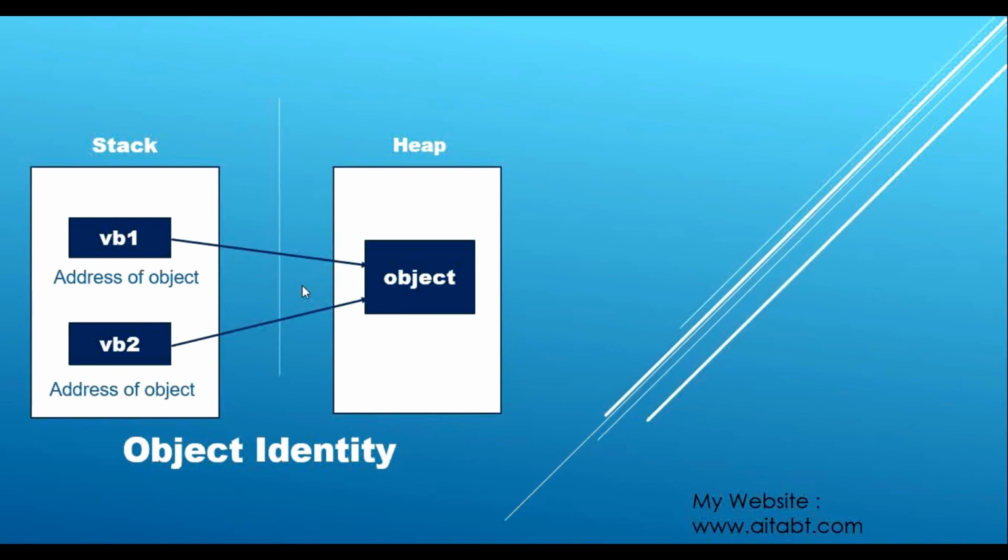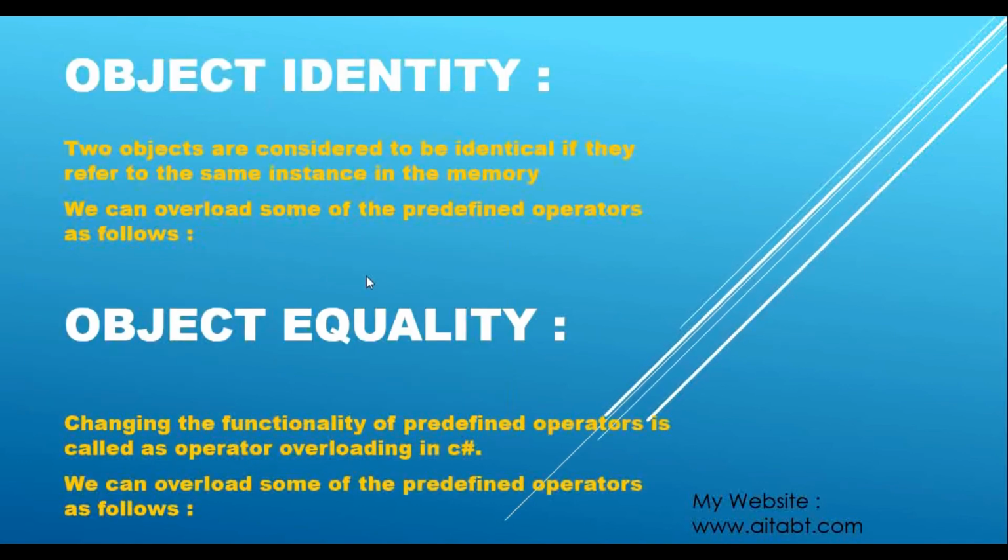In the case of call by reference, what we learned is that when we pass a value by reference to another variable, it points to the same reference, the same instance of the object. Let me show you that in action, so don't worry. You might be seeing something like this here, saying we can overload some predefined operators as follows.